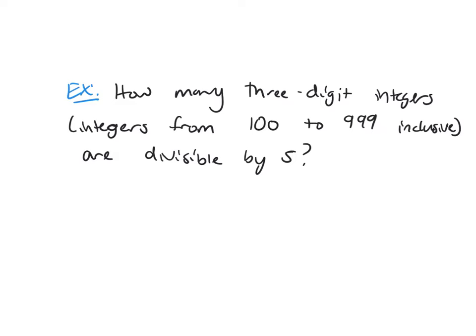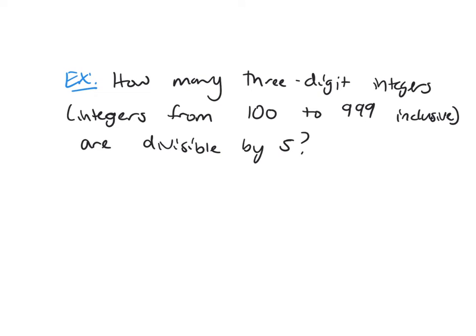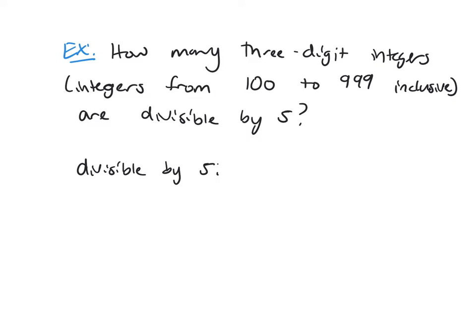So before we answer this question, let's think about divisible by 5 and what that means. Let's forget for a minute about 3-digit integers and just focus on divisible by 5. So list out numbers that are divisible by 5: 5, 10, 15, 20, 25, and so on.